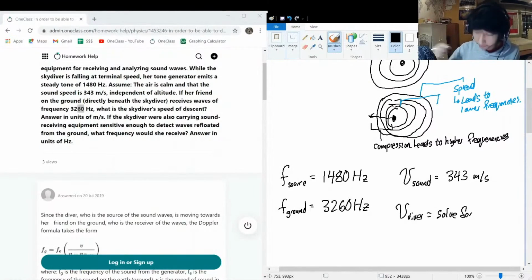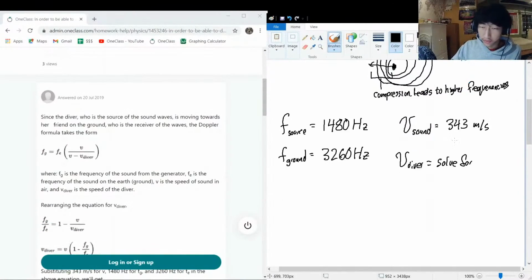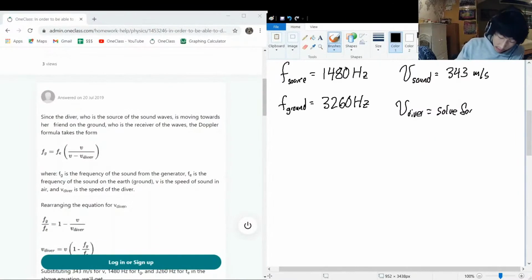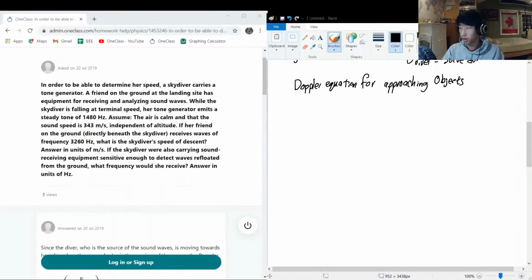Okay, cool. So what we're going to do here is use our Doppler equation for approaching objects. Here's the equation for the Doppler effect with approaching objects.